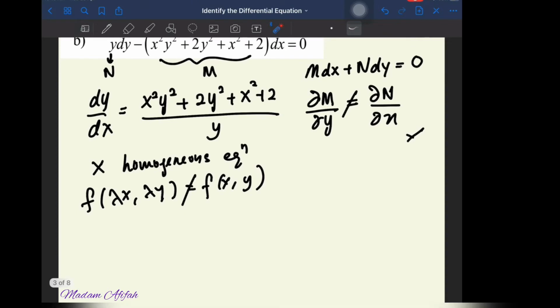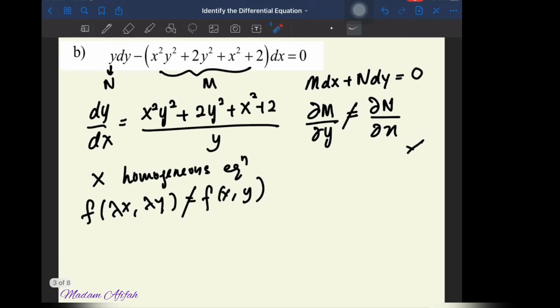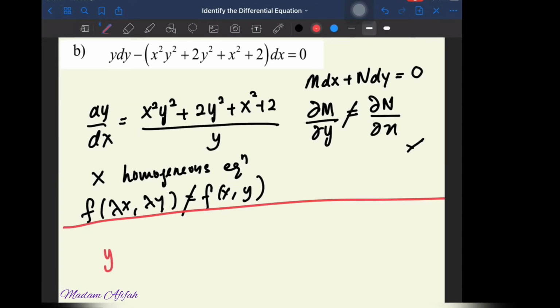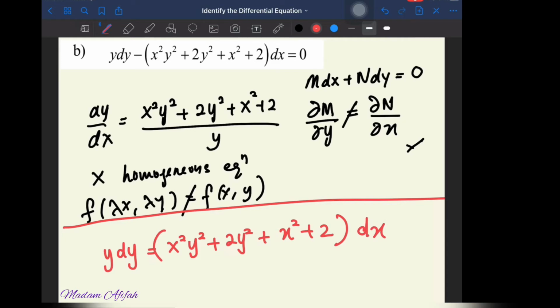So you are left with separable equation. How are you going to separate this function? What you can do first is y dy equals x squared y squared plus 2y squared plus x squared plus 2, the whole thing with respect to dx. Take a look at the function on your right hand side here.